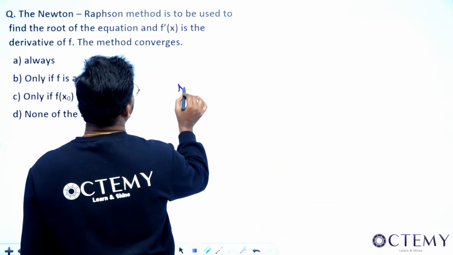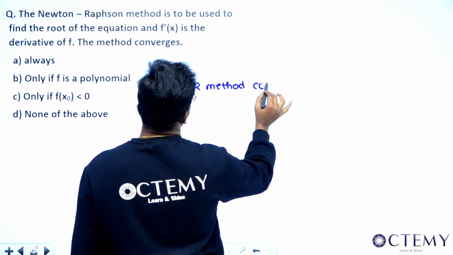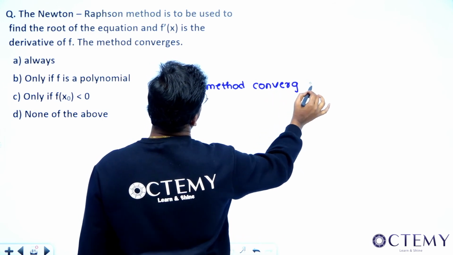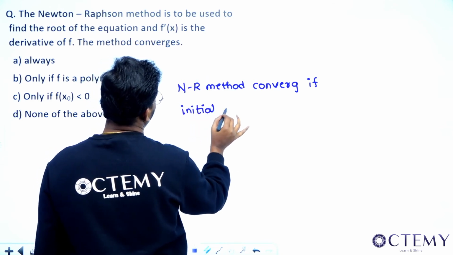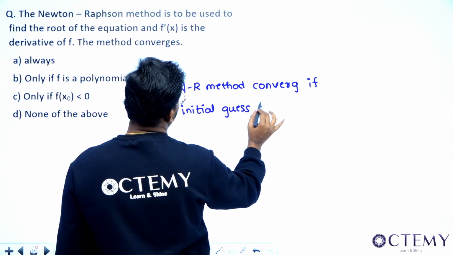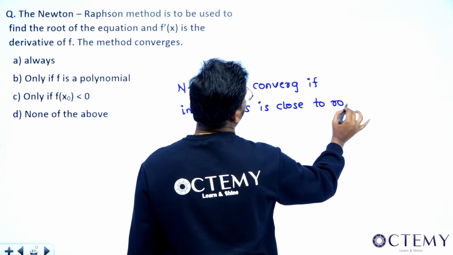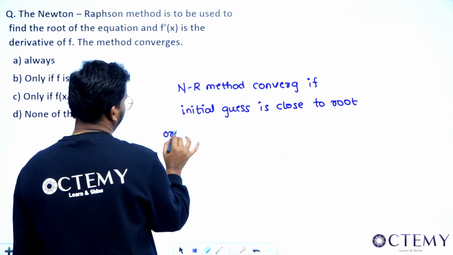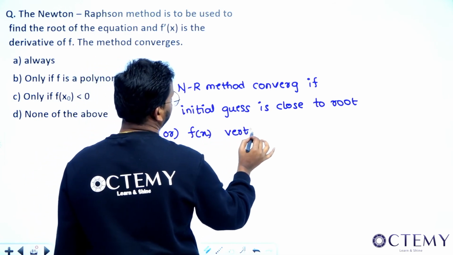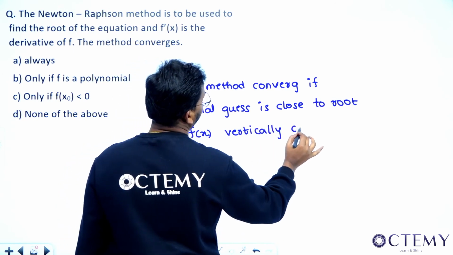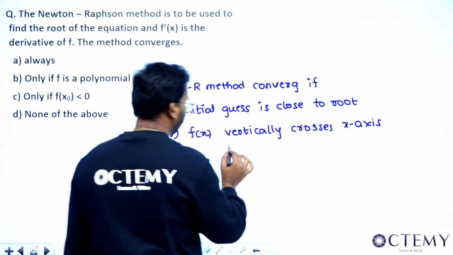NR method converges if initial guess is close to the root, or f of x vertically crosses x-axis like this.